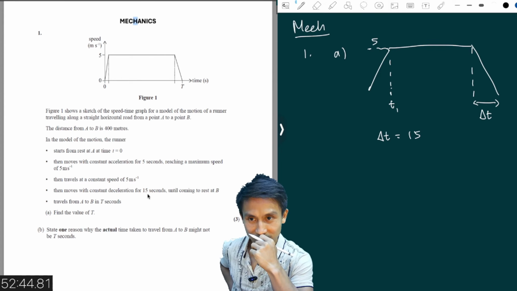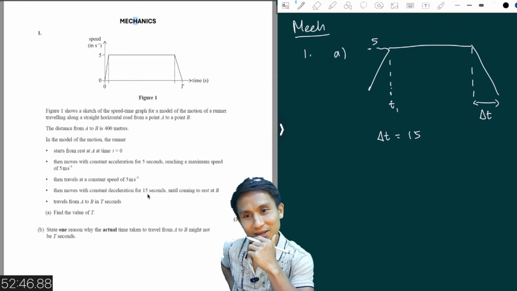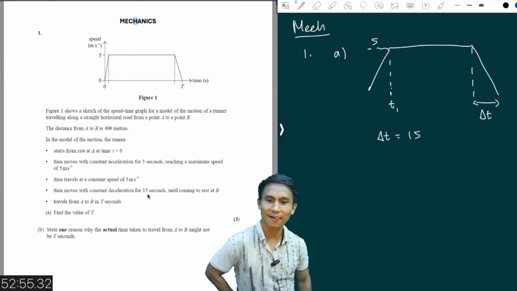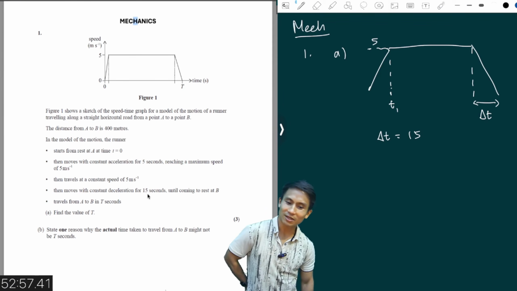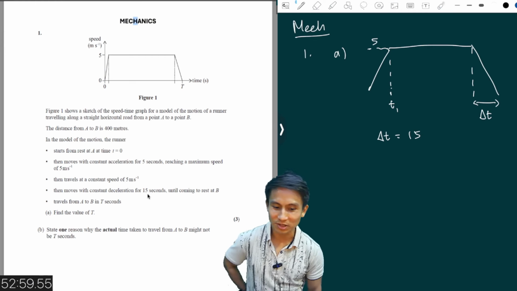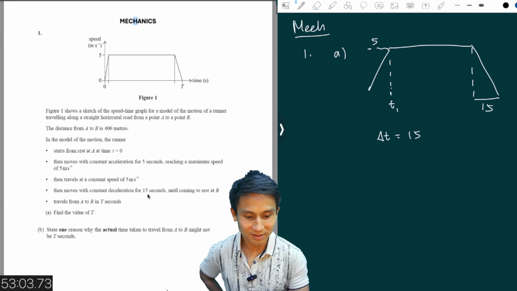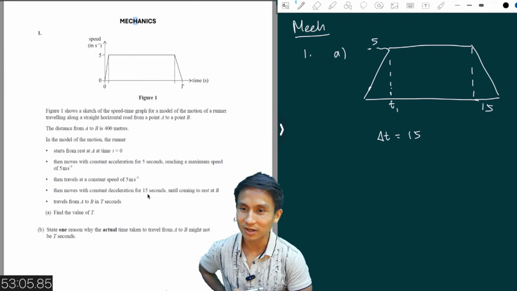I'm a bit confused here. Then moves with a constant deceleration for 15 seconds until coming to rest. So it's telling you the deceleration, nothing much here. So we know that this is 15, but we don't know the other part.